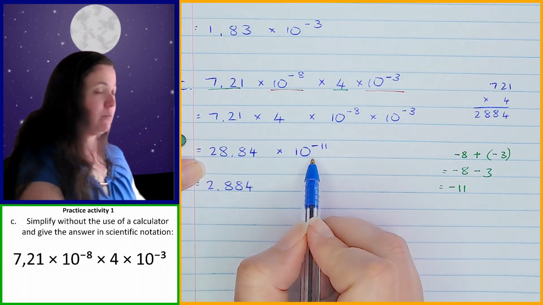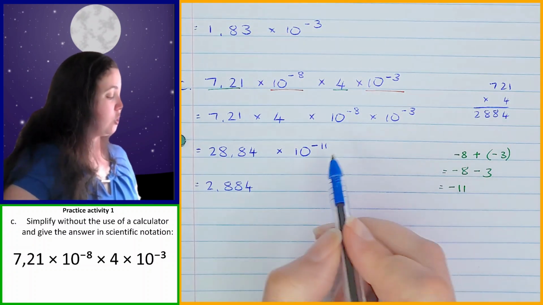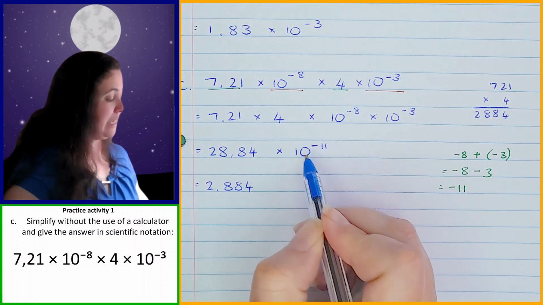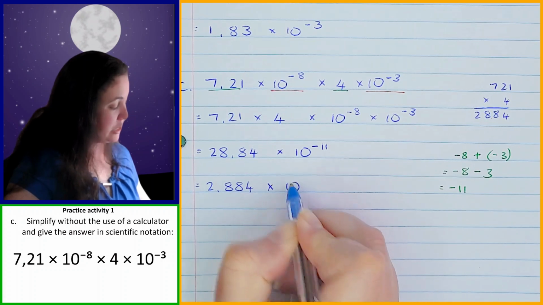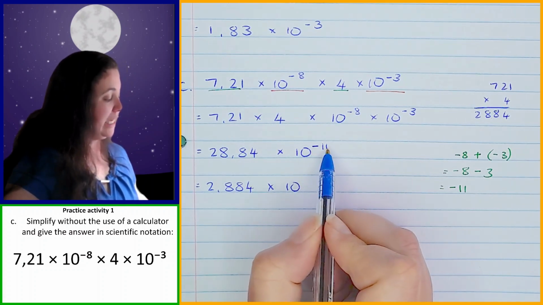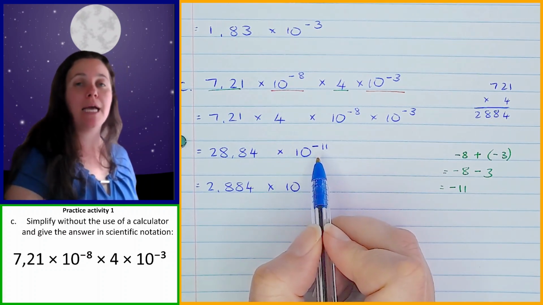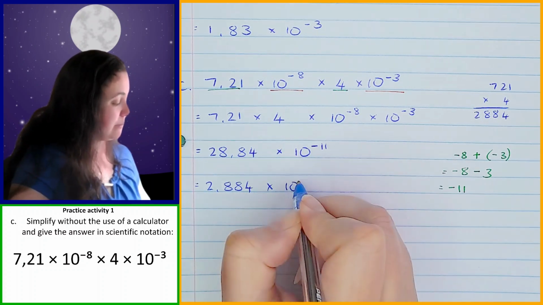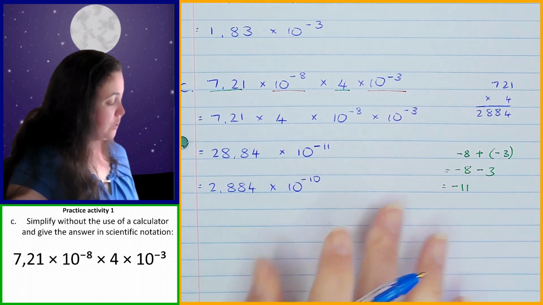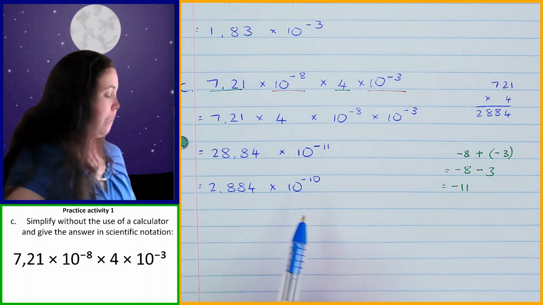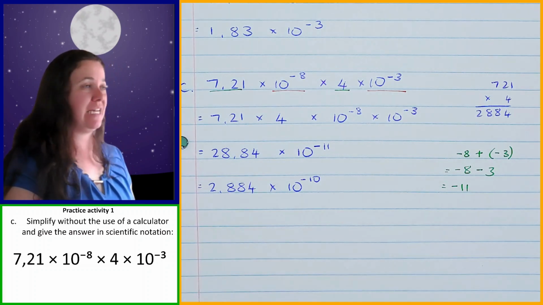So over here I'm going to be multiplying by 10 to keep it equal. If I multiply this by 10, it's still going to be 10 to the power of, but the negative 11 is going to go up 1, and when we add 1 to negative 11, it becomes negative 10. So for this one, you should have got 2.884 multiplied by 10 to the power of negative 10.